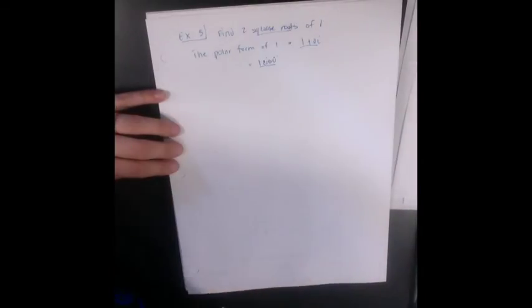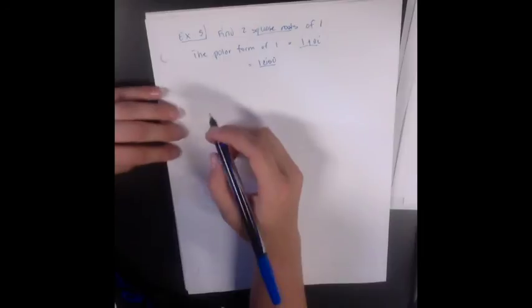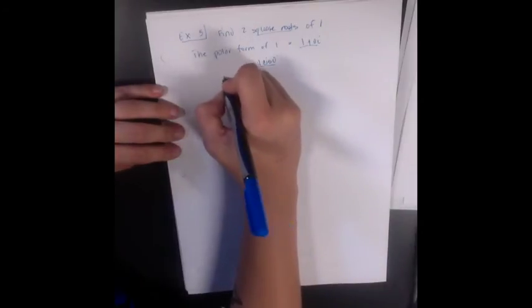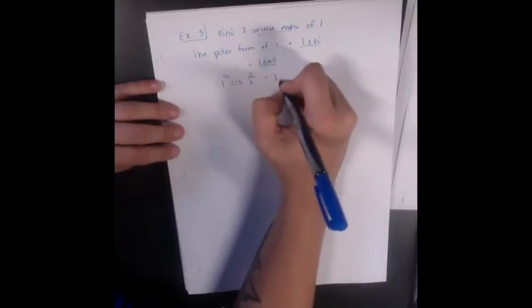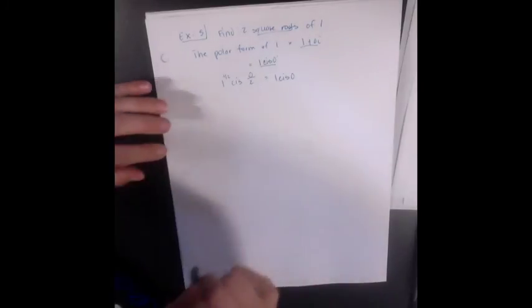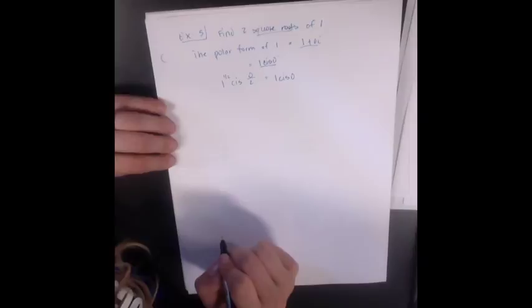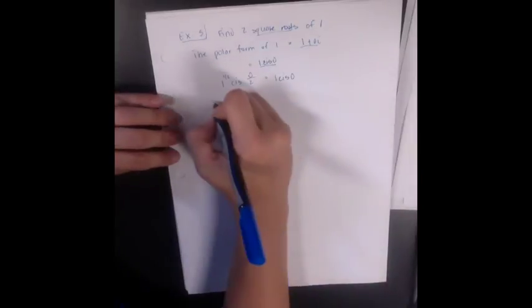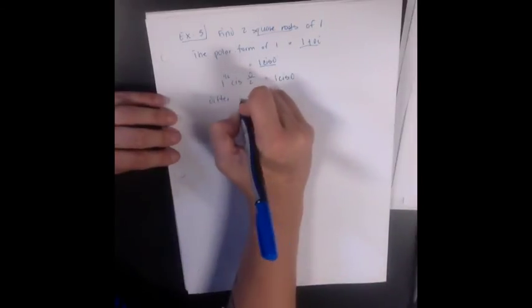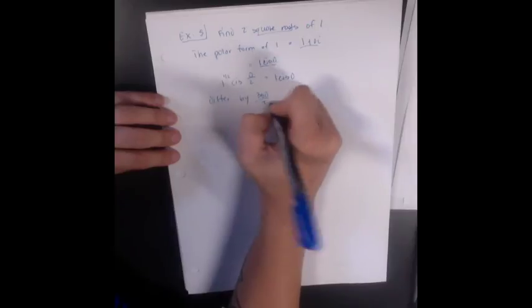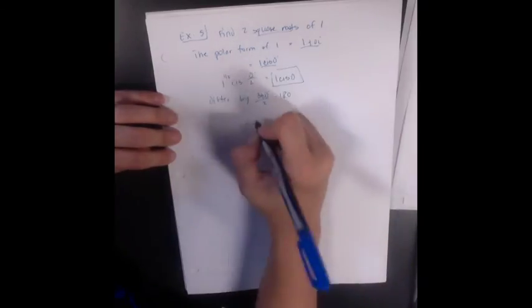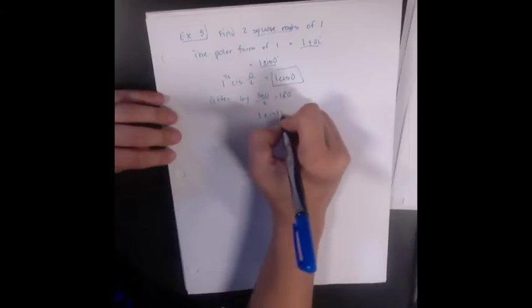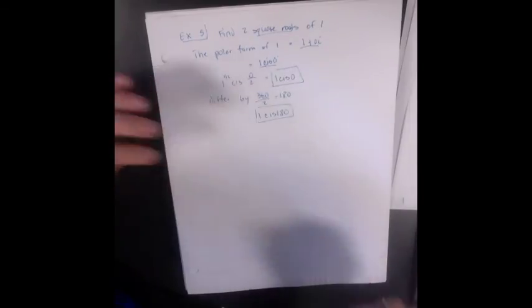So the square root of 1 is 1 to the 1/2 cis 0 over 2, which is 1 cis 0. And then I will differ by 360 over 2, which is 180. So this is one answer. My other answer will be 1 cis 180.